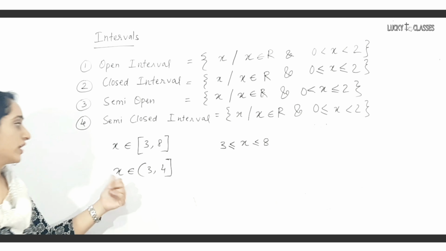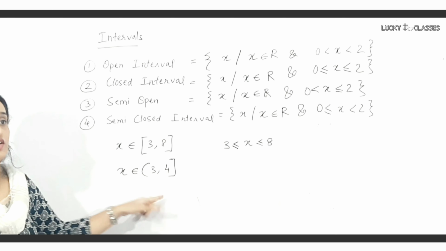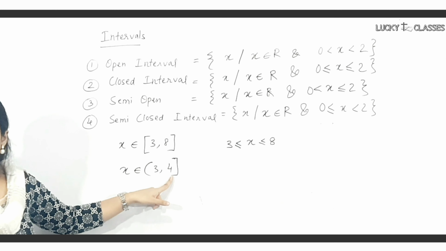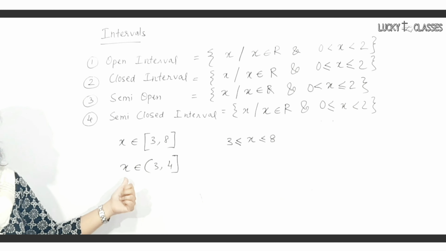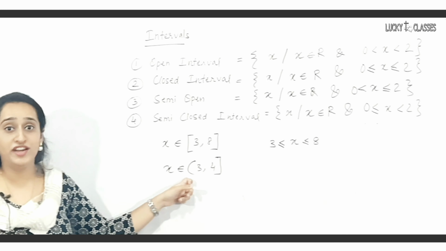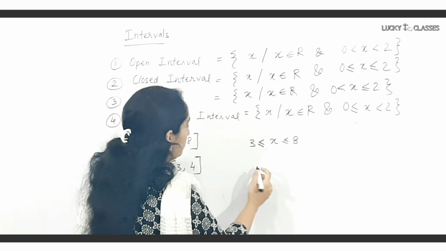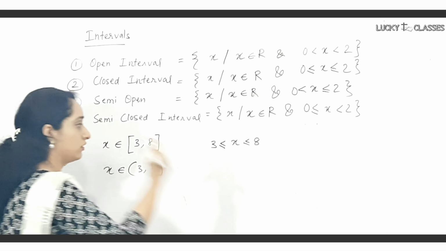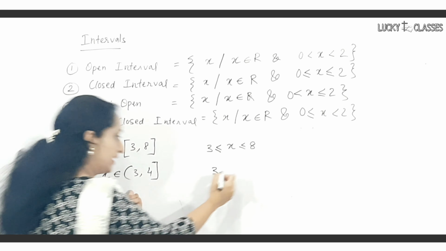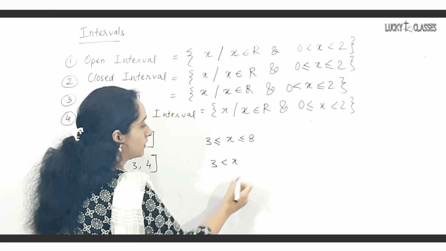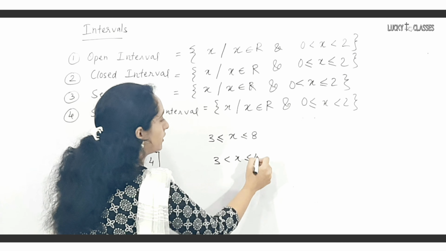Semi-open. So x belongs to semi-open interval 3, 4. And how are you going to write in set builder form? 3 less than x less than equal to 4.